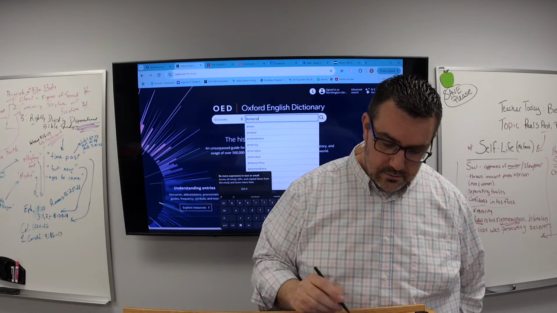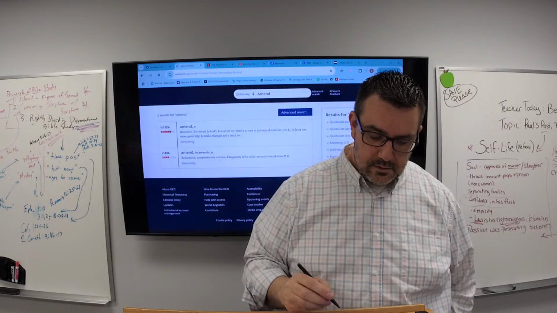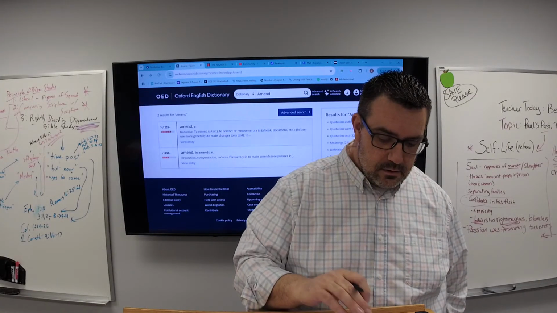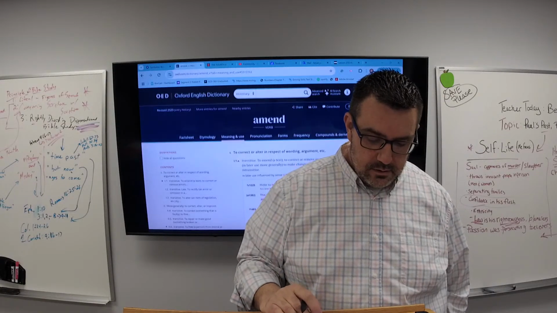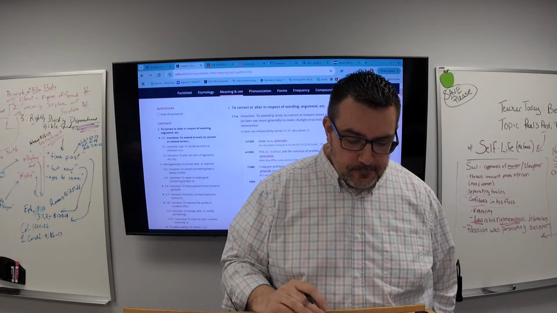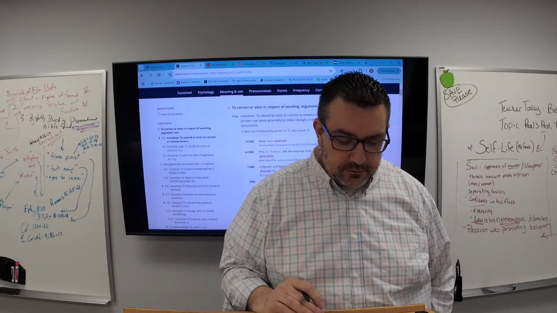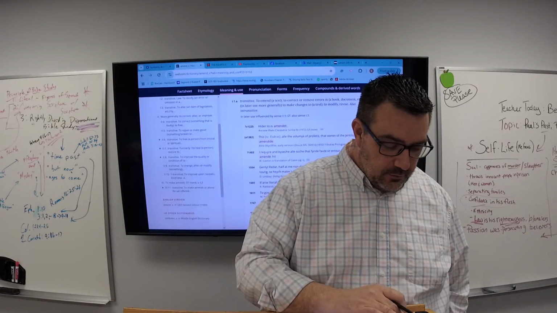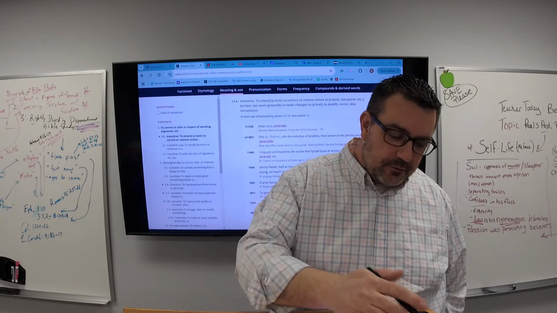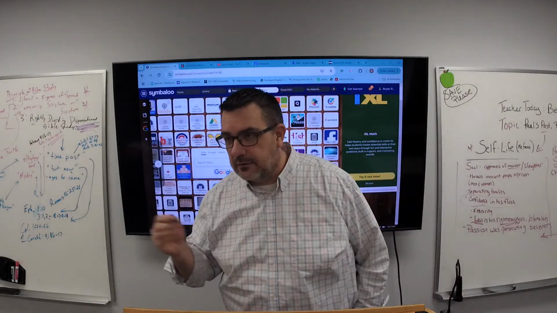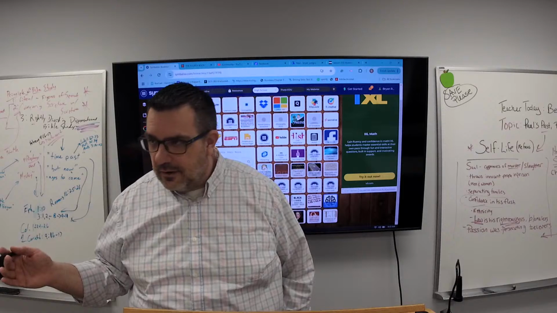I always thought amend dealt more with literature or writing, to amend a proclamation. Well, mend like you would mend clothes, but amend. That's what I mean, like a document. To correct or alter with respect to wording or argument, but there's too many of these to go through. I'm just going to say, without looking deeply into it, because it's going to take too much time, that it means the same thing.